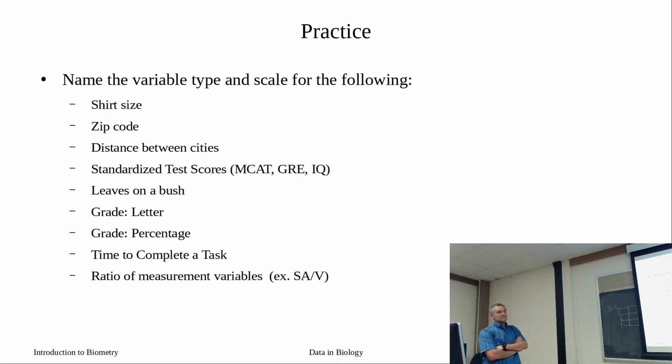So I put these standardized test scores up here to emphasize that if you're confused about interval versus ratio scale, the classic example they give is IQ. Say IQ is interval scale, and you just have to wrap your brain around it. The other classic example is temperature. So Kelvin scale, is that ratio or interval?